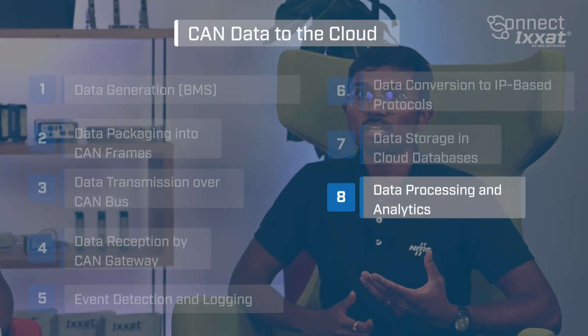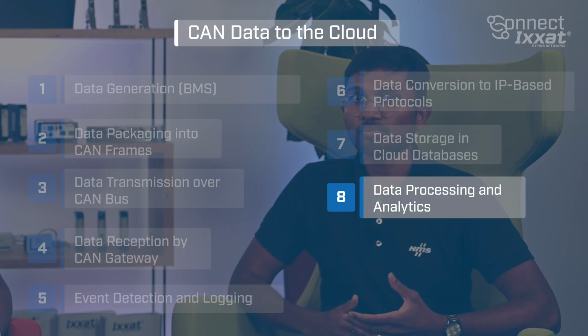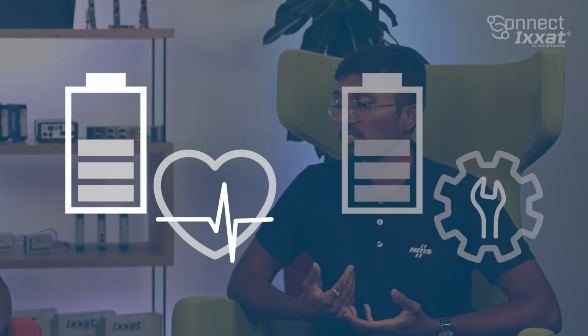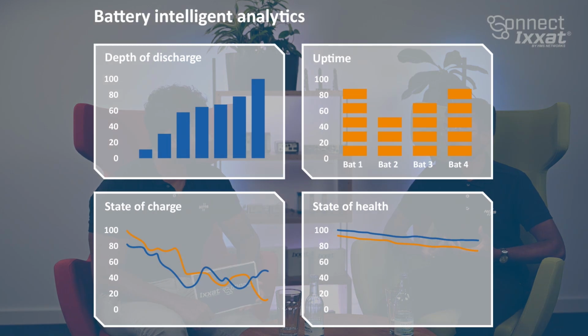In the next step, the data is being processed and analyzed in order to extract meaningful insights, such as tracking battery health and predicting maintenance needs. In the last step, the data is visualized in dashboards, graphs, and reports, so the users can interpret and understand the data and act based on it.